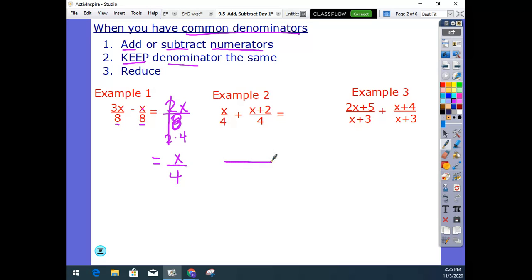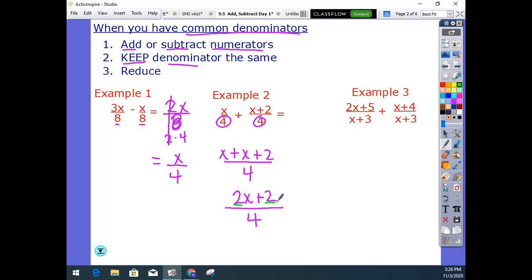Here we have a common denominator of 4, so I can add my numerator, x plus x is 2x plus 2 over 4. Now this is what we were doing on the previous worksheet though.